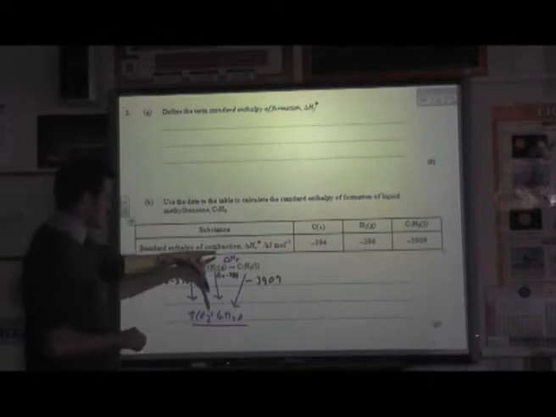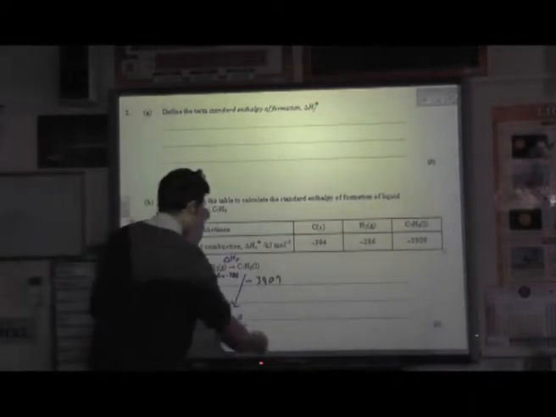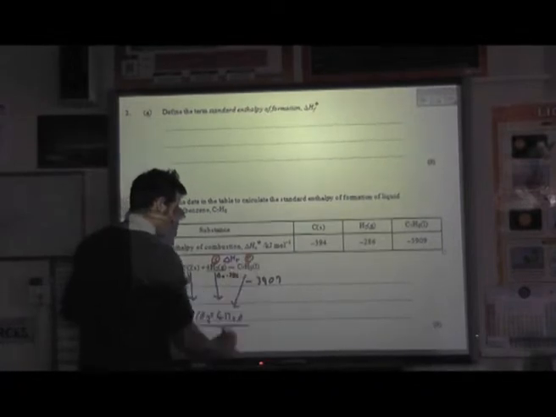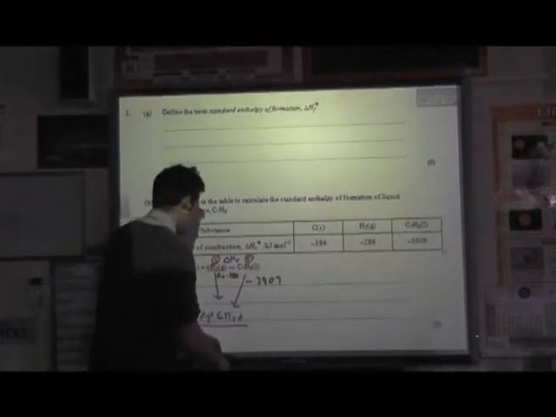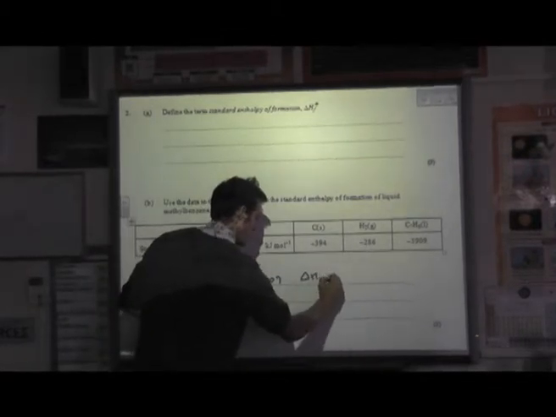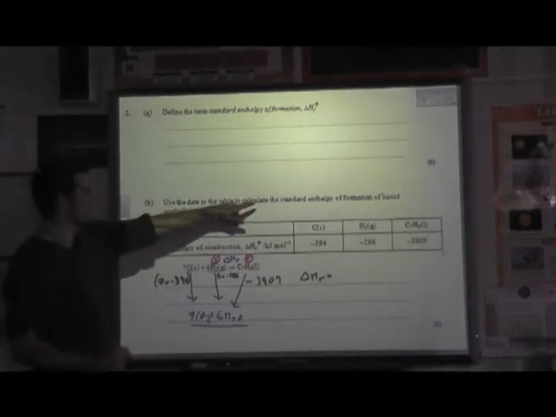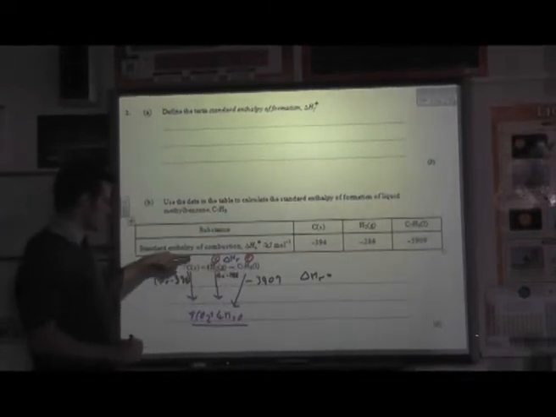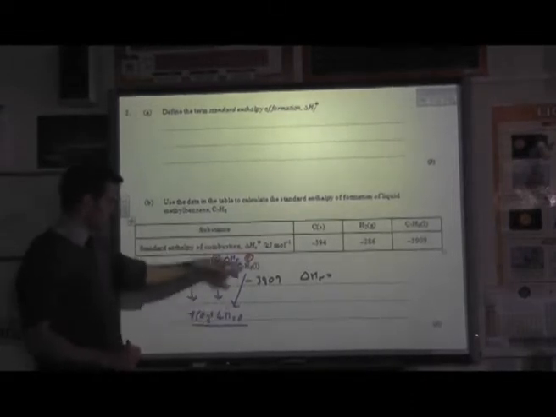Okay, so delta H reaction. Again, we're going to do the same old start finish. We're starting here, we're finishing here. Going from start to finish, the delta H of the reaction, which is the enthalpy of formation of liquid methylbenzene, is going from start to finish. Also going from start to finish, we can come here, down here, and then back up here.